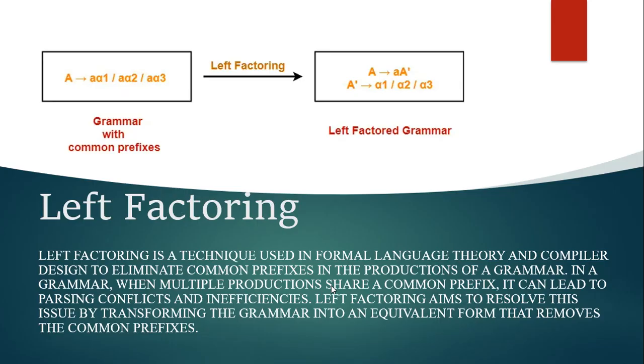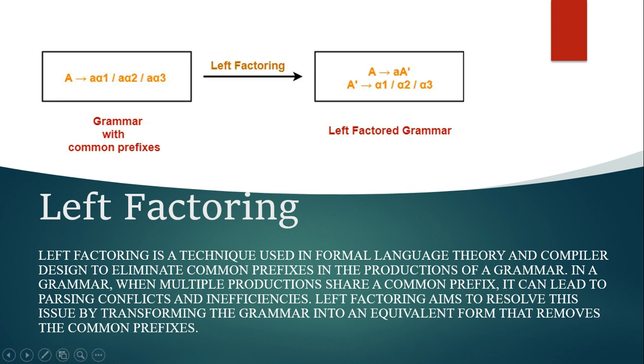So, left factoring is a technique used in formal language theory and compiler design to eliminate common prefixes in the production of the grammar. In a grammar, when multiple productions share a common prefix, it can lead to parsing conflicts and inefficiencies.